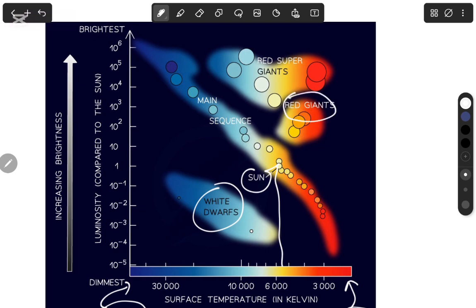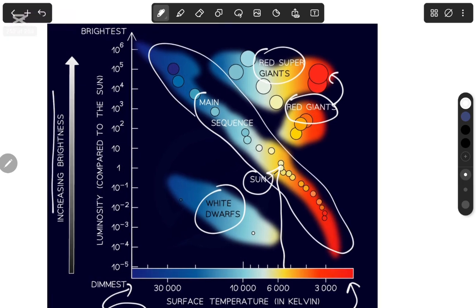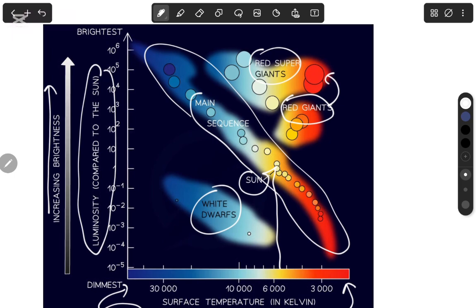We have the red giants, and above that we have red supergiants, and we have the main sequence obviously here. Okay, and then we have increasing brightness here as well. Now on the y-axis we have the luminosity compared to the Sun's luminosity. So basically L over L Sun is what we have here.